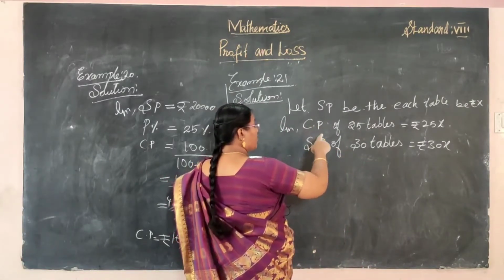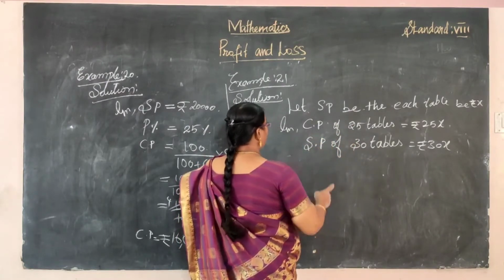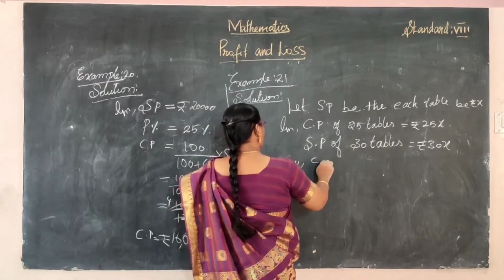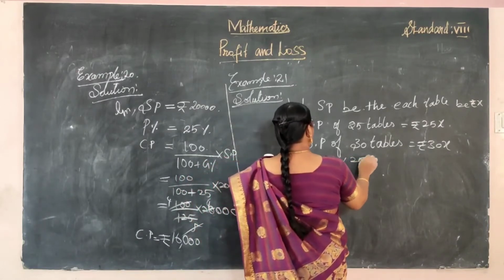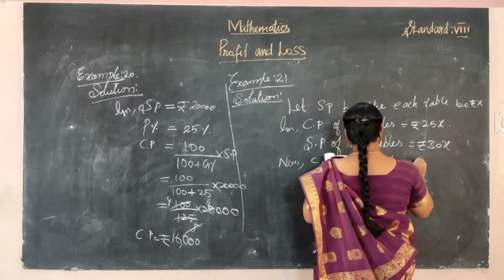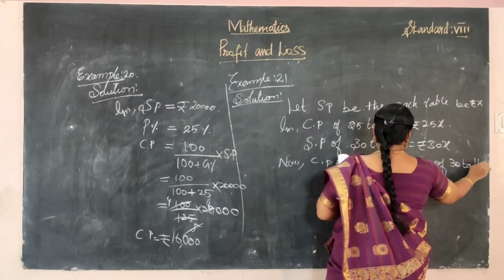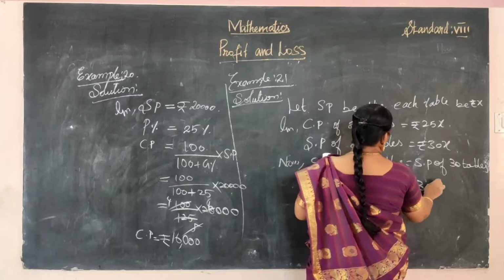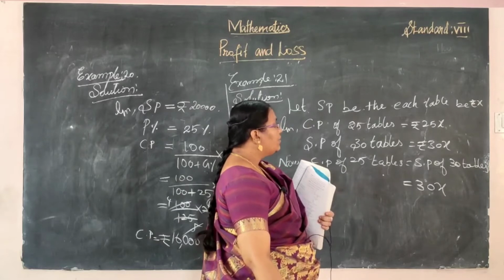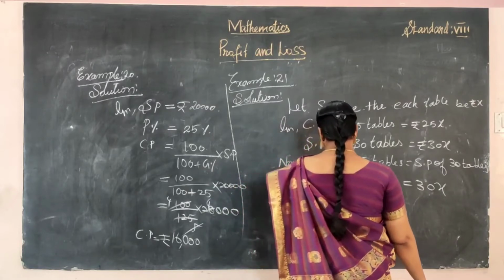If the cost price of 25 tables is equal to the selling price of 30 tables, both are equated. So the rate for 25x is the same as the selling price of 30 tables. So I consider this as 30x.